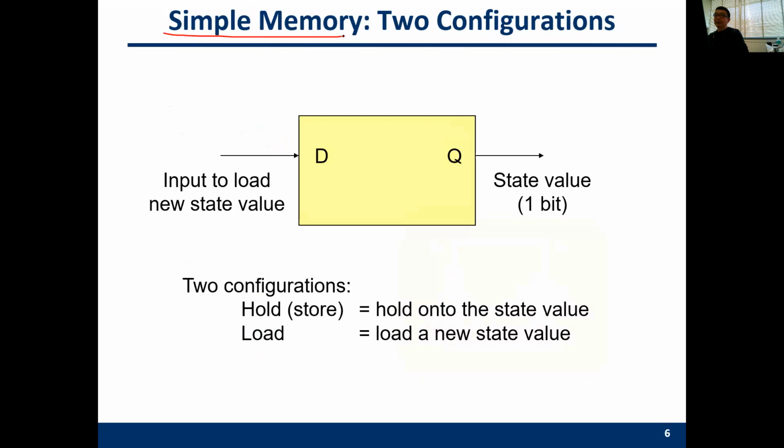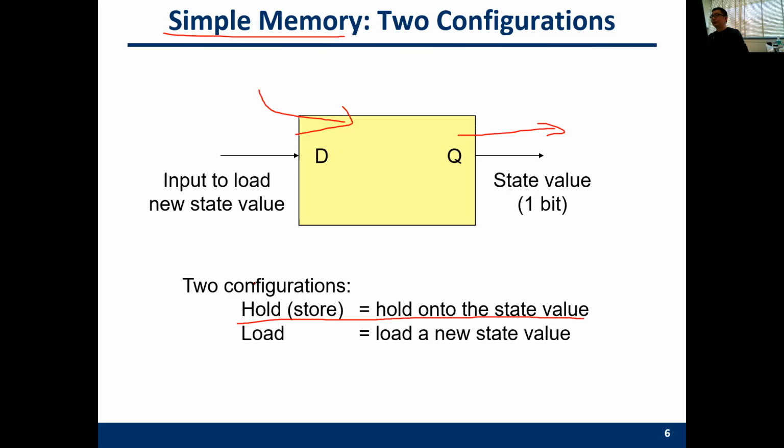And then we will use those two inverters to build a simple memory. What we want here is that we store some data in the memory, and then we can read the data out of this memory. If we don't read the data, the memory can hold the data, can temporarily store the data. This is the so-called store.